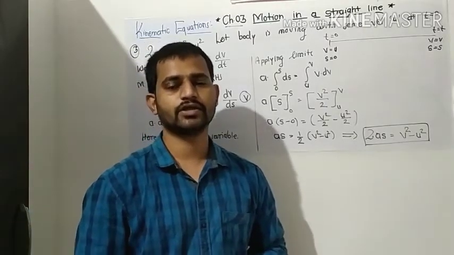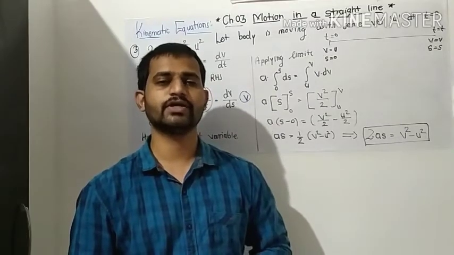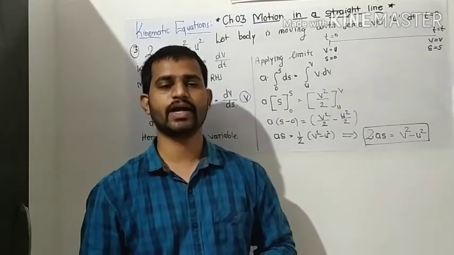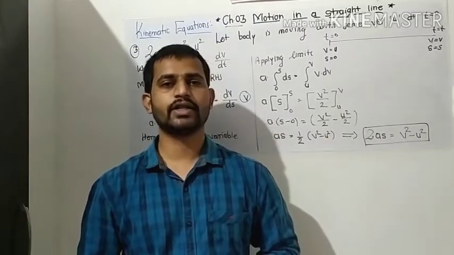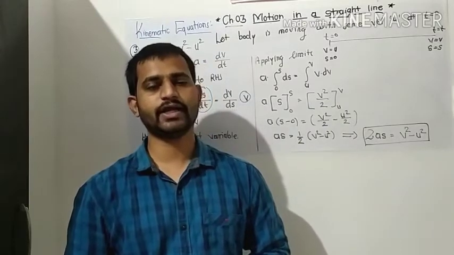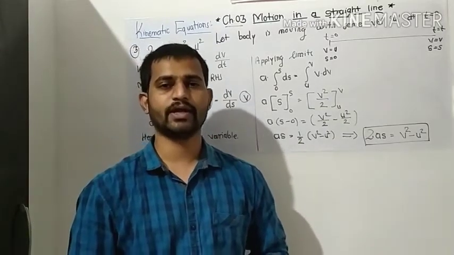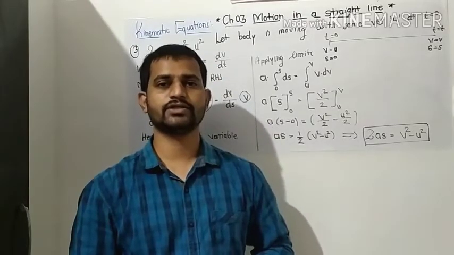And in the third equation, we have to make some considerations. We multiply and divide the term of the acceleration, a is equal to dv by dt. Then we get one physical quantity there, and integrating it, we get the third equation of kinematic motion, that is twice as is equal to v square minus u square.